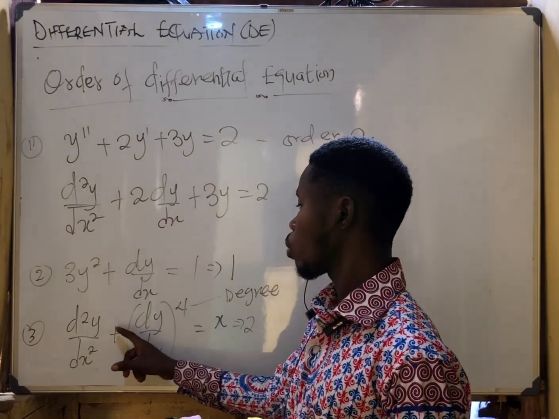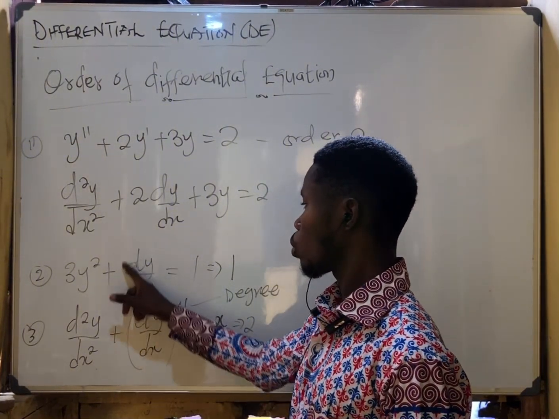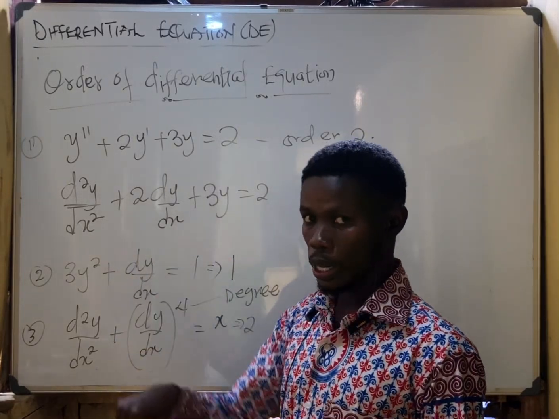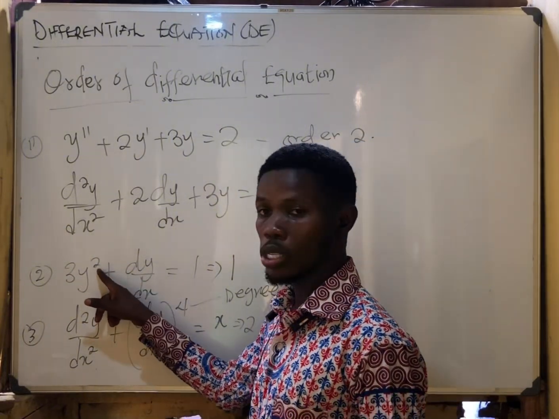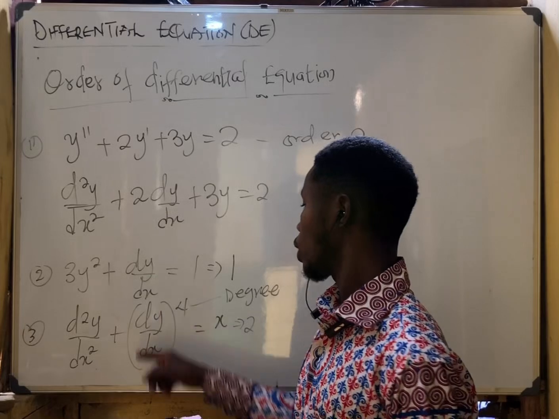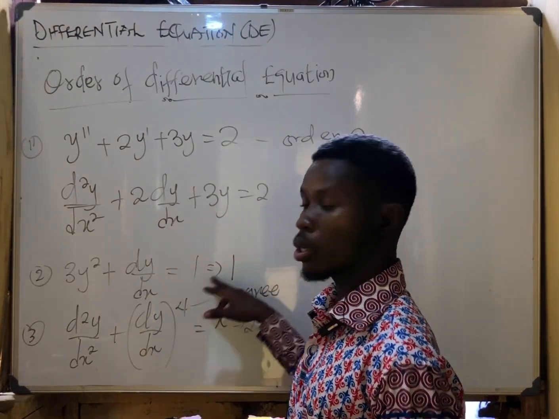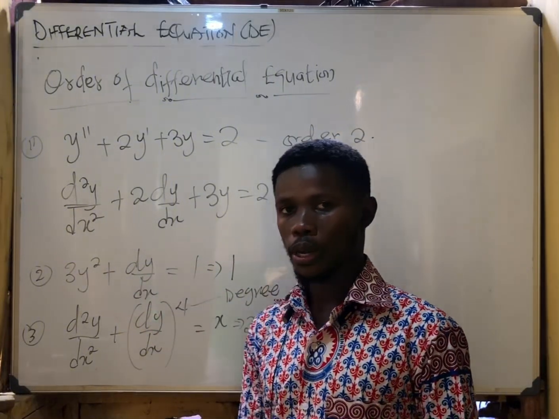If you look at this one, the degree is 4. You are talking about the derivative. Though the power here is 2, we don't consider this. We rather consider the one with the derivative. So the order is 2, alright, but the degree is 4. The order is 1 here, but the degree is 1. I hope you understand now.